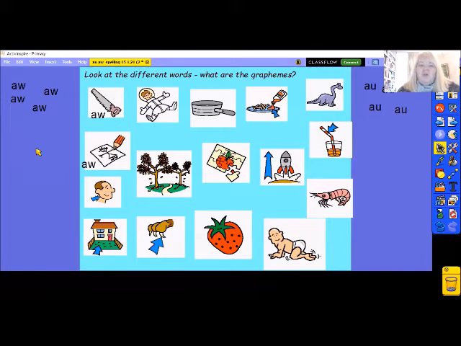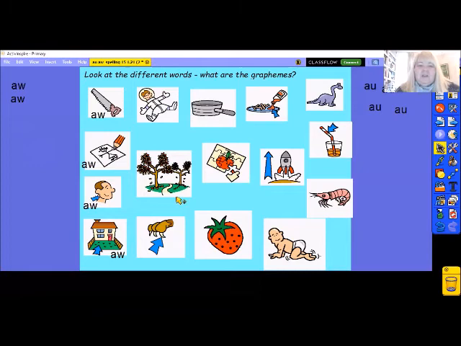Jaw. That's another AW. And this one, lawn. So first of all, they're all AWs. Draw and saw both have the phoneme or at the end of the word. So maybe that's a clue.